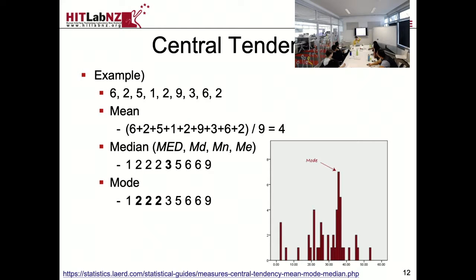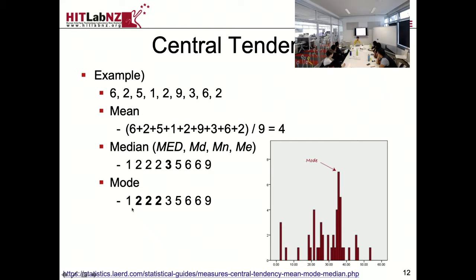So this is just a simple example. Elementary school students can solve this problem. So there is a data set: 6, 2, 5, 1, 2, 9, 3, 6, 2. The mean is the sum of everything divided by the number of data points, which is 4. Good. And then we could reorder the numbers, and the 3 is exactly located in the middle of the data, right?